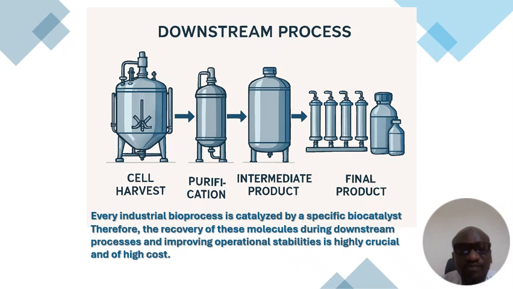So the recovery of this enzyme molecule during downstream process and improving operational stability is highly crucial and is usually expensive. However, when we improve recovery and operational stabilities, it will reduce the costs and also raise overall bioprocessing efficiency. To achieve this, we have to use immobilization technique.